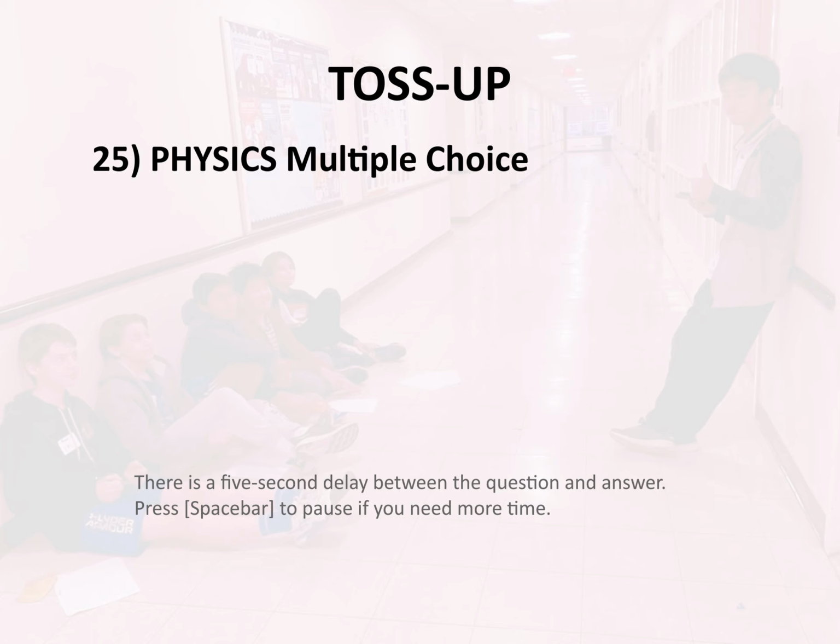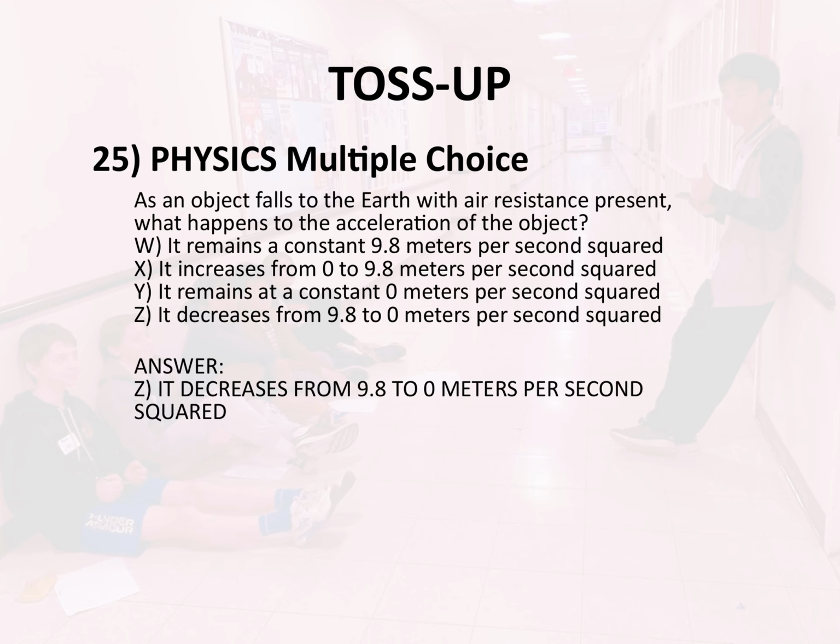Y. It remains at a constant 0 meters per second squared. Z. It decreases from 9.8 to 0 meters per second squared. Answer: Z. It decreases from 9.8 to 0 meters per second squared.